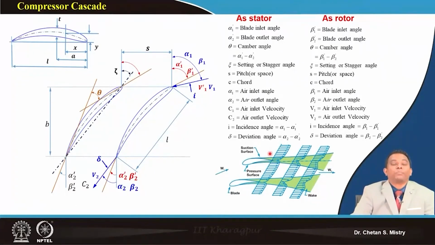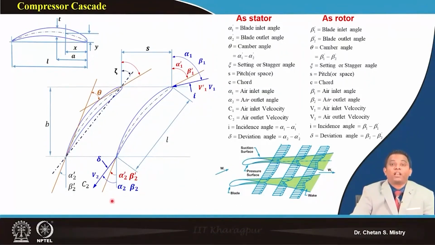Because of the presence of low momentum fluid, the growth of boundary layer, and since my blade or aerofoil is working under adverse pressure gradient, the flow moves away from the trailing edge, and that is what we have defined as the wake coming out at the exit. The difference of my angle is what we have defined as the deviation angle.